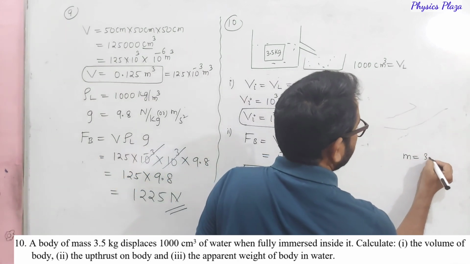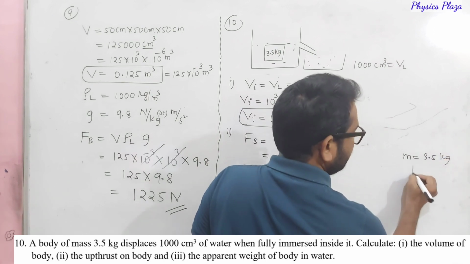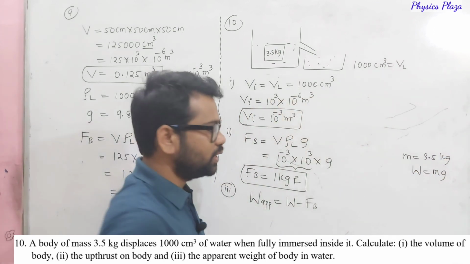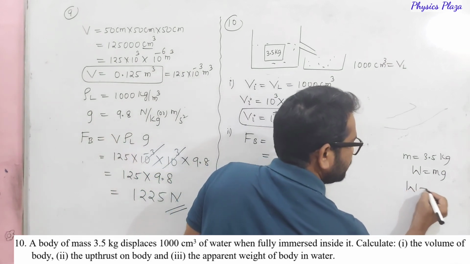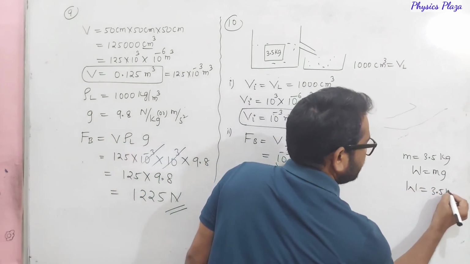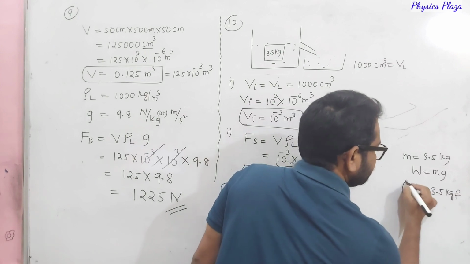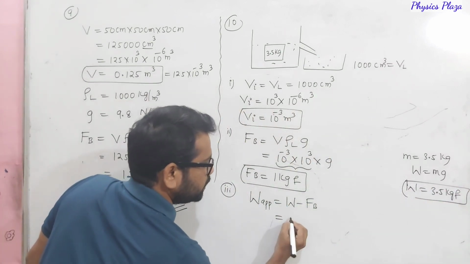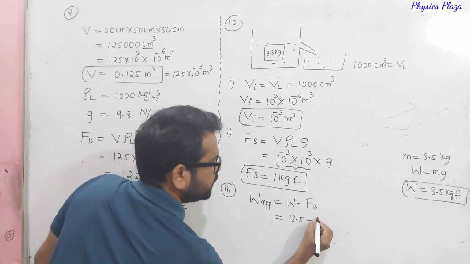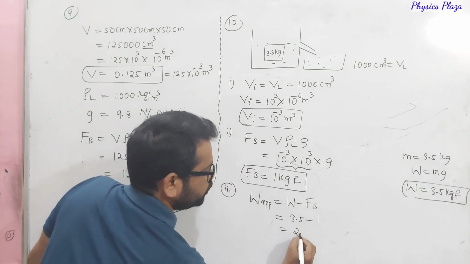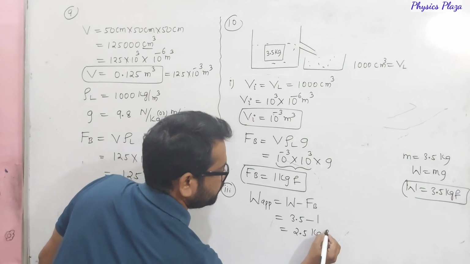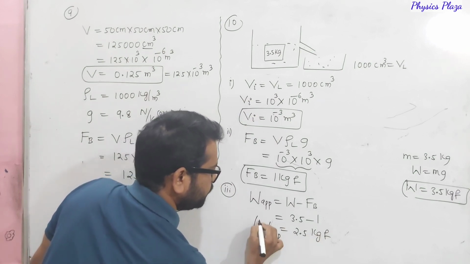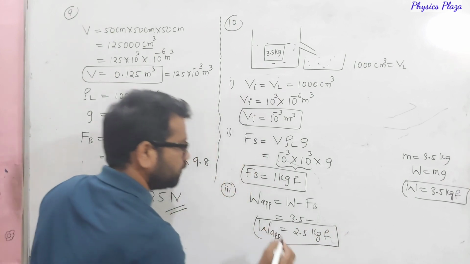That is 3.5 kg, and we know that W is equal to mg. So true weight is going to be 3.5 kgf. Now substitute here. This is going to be 3.5 minus 1. So this will be 2.5 kgf, the apparent weight of the solid of mass 3.5 kg.